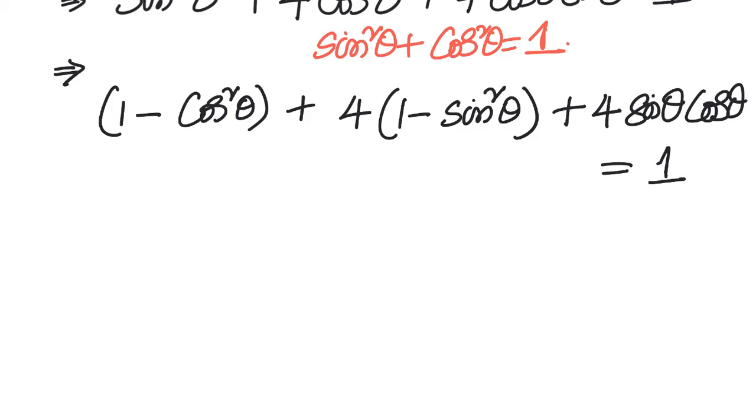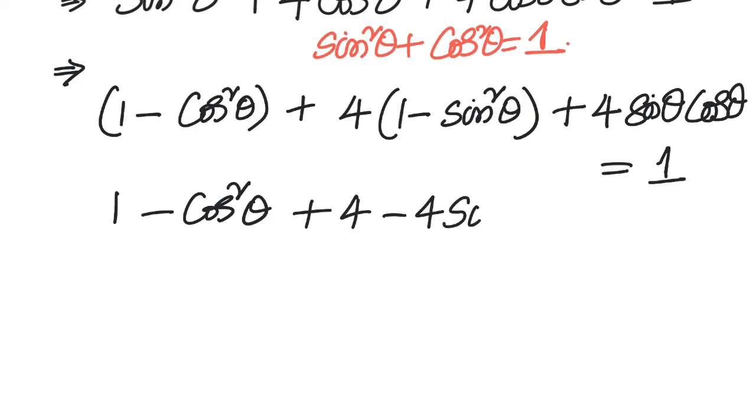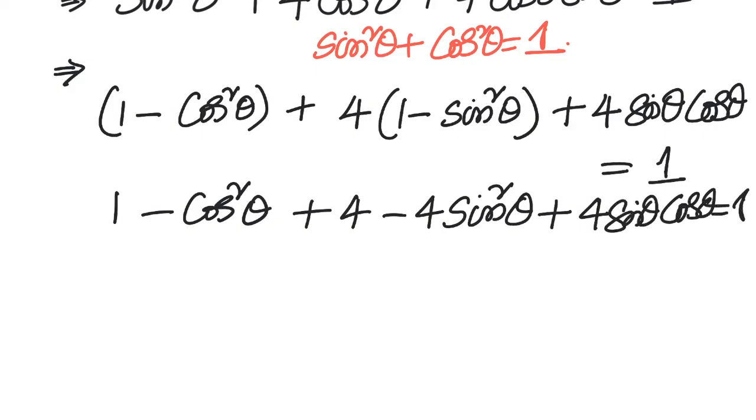We will have 1 minus cos square theta plus 4 minus 4 sin square theta plus 4 sin theta cos theta equals 1. We will cancel 1 and 1 on both sides. What is left on the right hand side is 0 because we cancelled the 1.